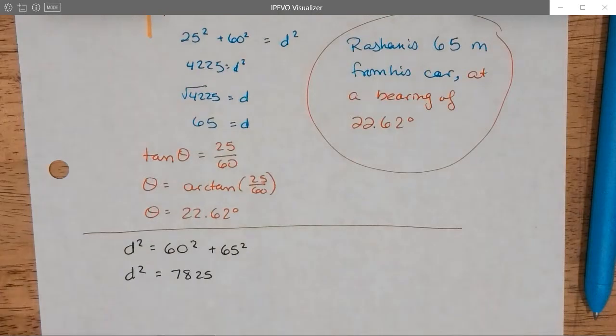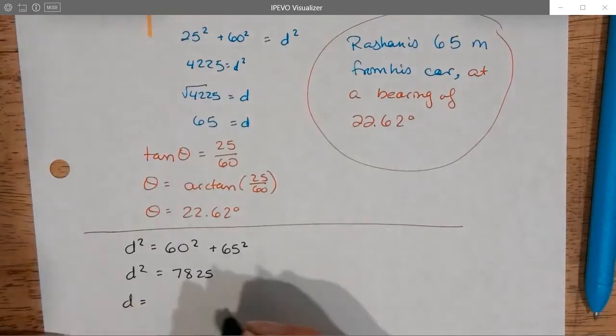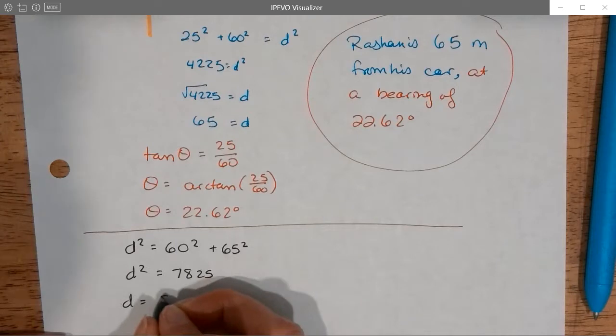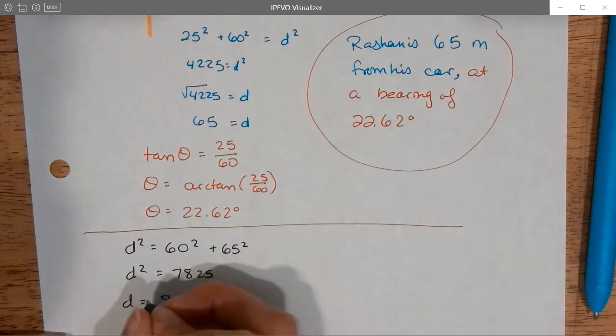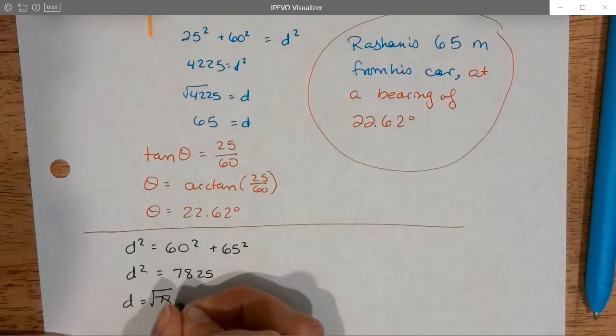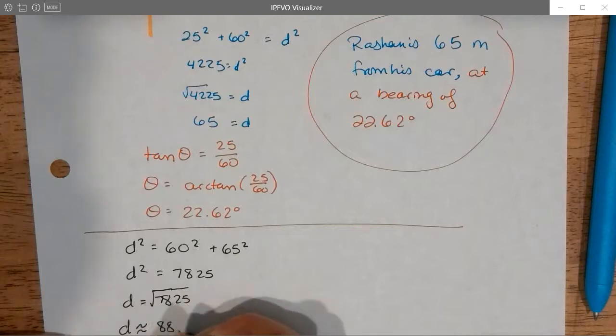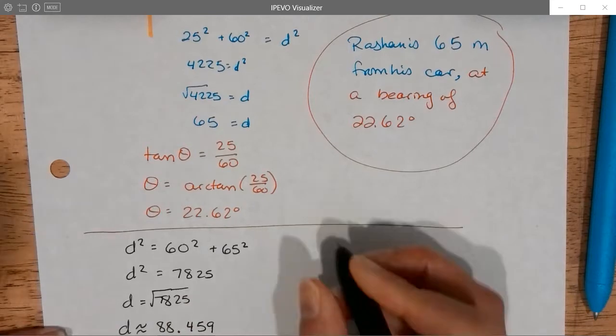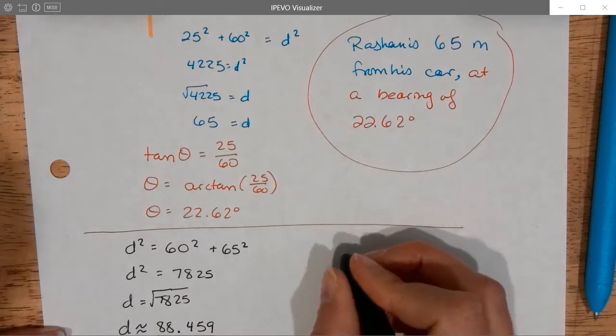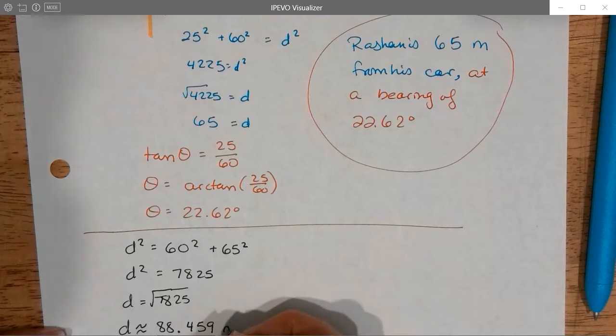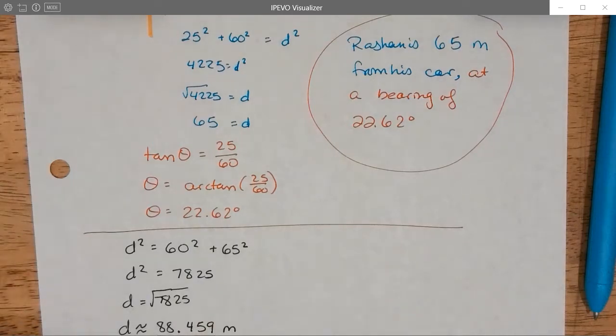I'm going to assume that he does not want us to give him the simplified square root, so we'll go right on to the decimal so we can tell this guy how many meters he needs to walk. I'll write the square root first. Square root of 7,825. And so that distance is approximately 88.459. Okay, so his car is, we'll summarize in a second, 88.459 meters away.